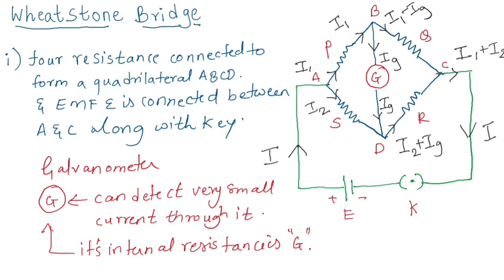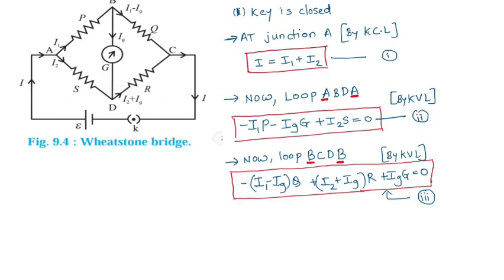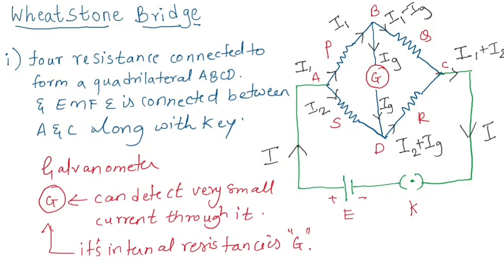A galvanometer can detect a very small amount of current flowing through it, and its internal resistance is given by G. So in this Wheatstone bridge, we are going to understand what the balancing condition is, and how one can calculate different values of resistors with the help of the Wheatstone bridge, and how different parameters like temperature can be measured with its help. So this was just the basics about the Wheatstone bridge.